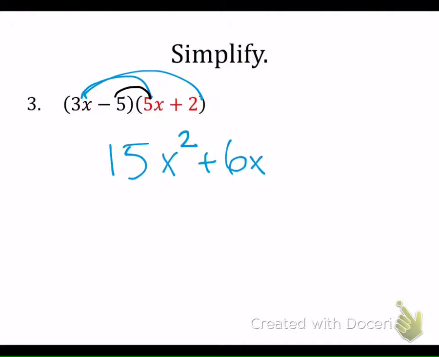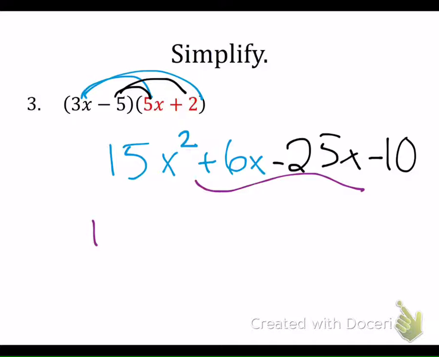All right, negative 5 times 5x is minus 25x. And then negative 5 times 2 is negative 10. Good. Then what? Yeah, we've got some like terms in the middle here. So 15x squared. What is positive 6x minus 25x? Negative 19x. And then we still have the minus 10.